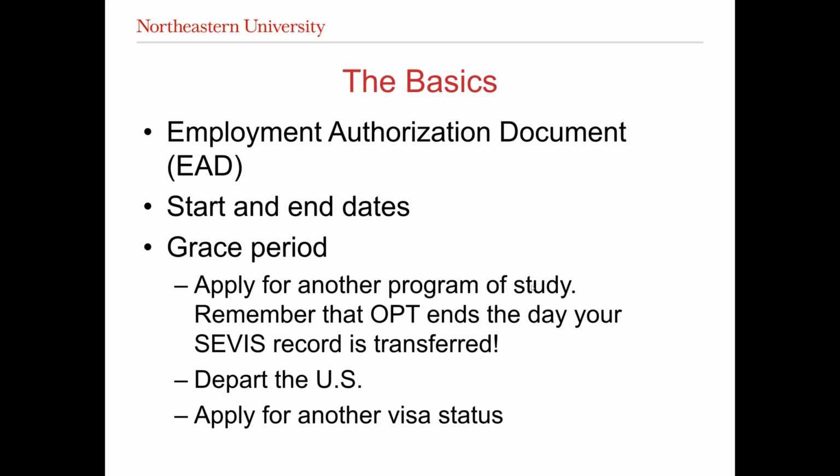This EAD has the start and end dates that USCIS has allowed this individual to have authorized employment in the United States. This EAD is not connected to any employer when a student is on OPT. It is the student's responsibility to find the employer. You know that when there is a STEM extension, that is different, and that is tied to an employer.